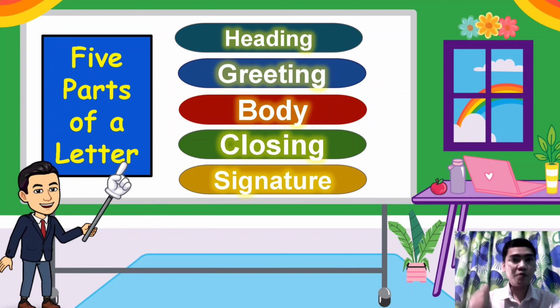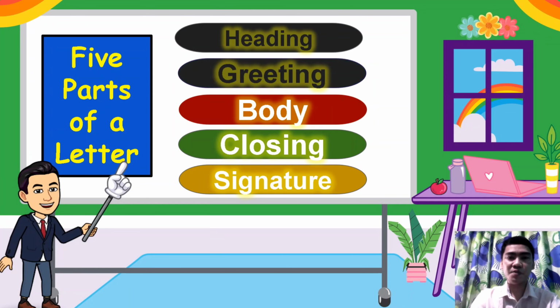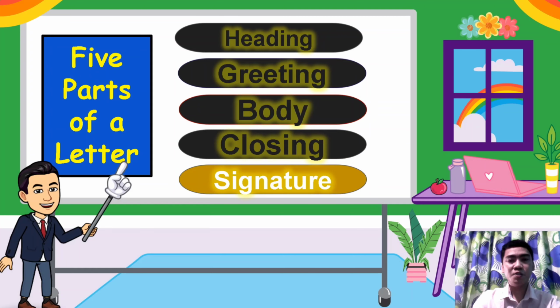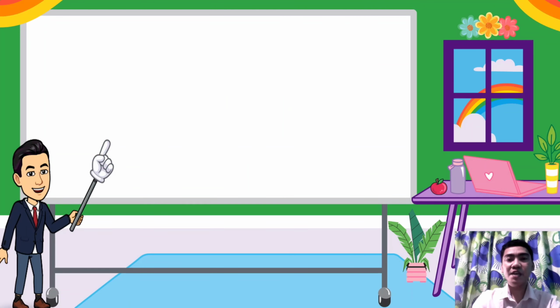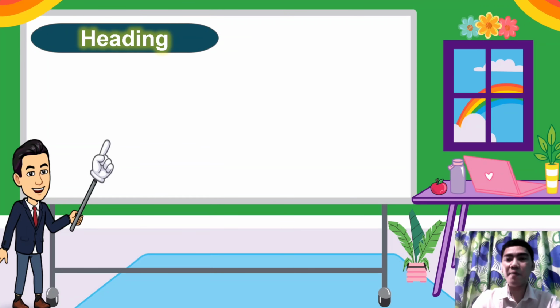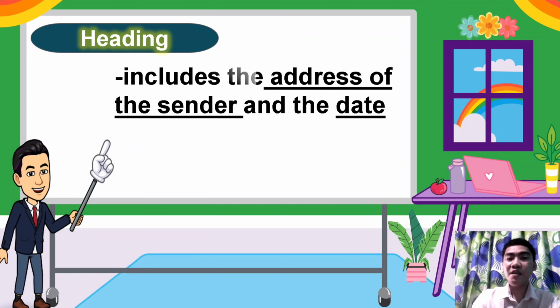Let's find out what is all about each part. You should always remember these 5 parts of a letter. Let's try to know about heading. So, a heading includes the address of the sender.